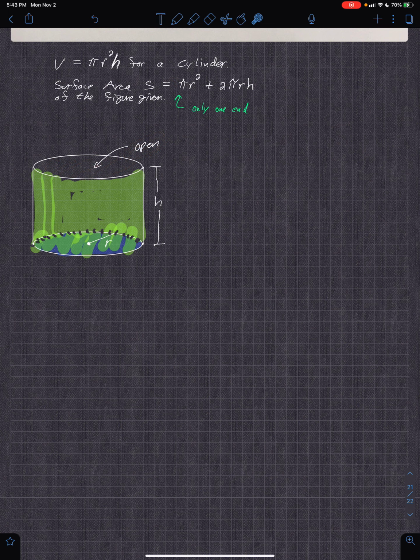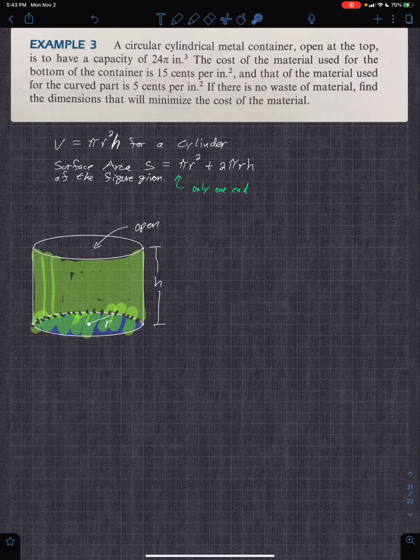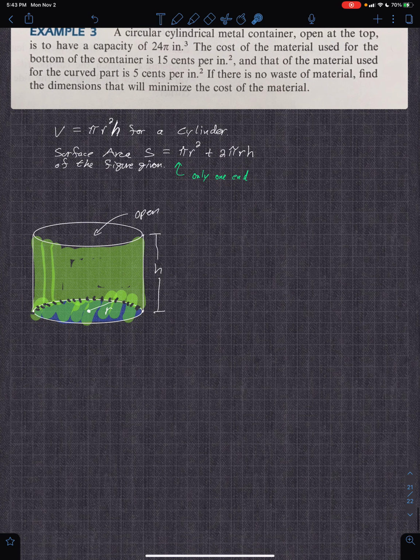All right, so now what we want to do, are we going to use volume? What did it ask for? It asked: is there a way to find the dimensions that will minimize the cost of material. So cost of material has to do with what's given. There's nothing really to do with volume, right? So we don't really need volume. That's not really in our calculation.